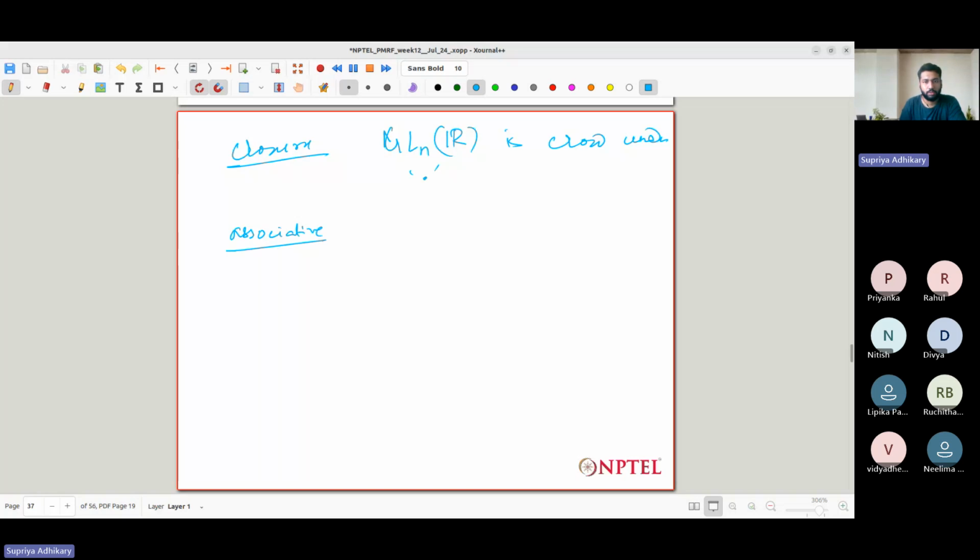So associative property is also held, because if we consider this M in R, okay, that can give us M in R, where this M in R all belongs to this. So we can verify that for a matrix this is true, right?